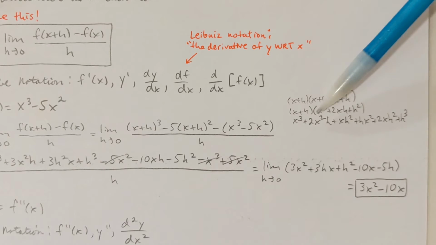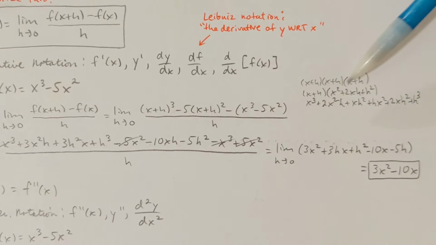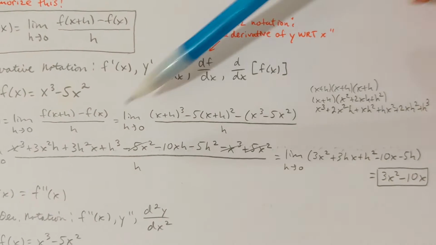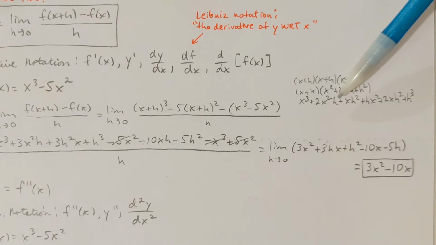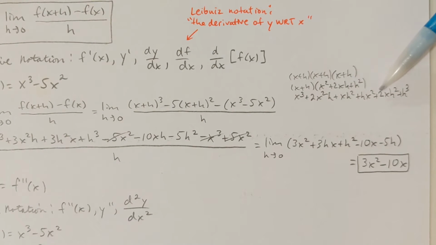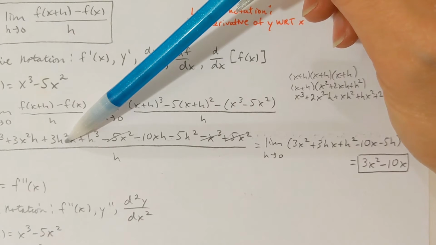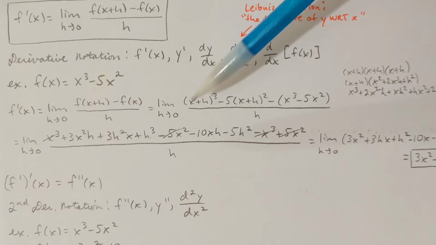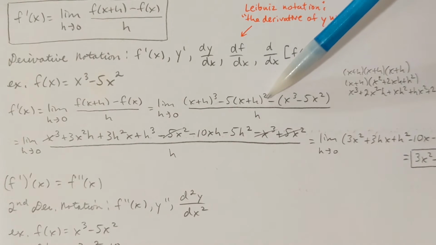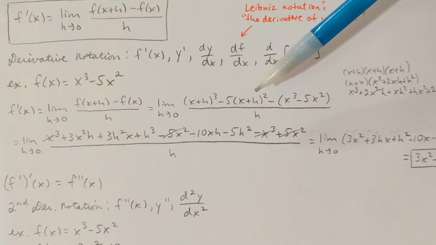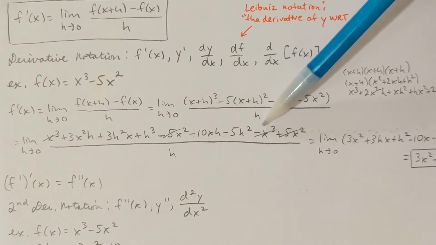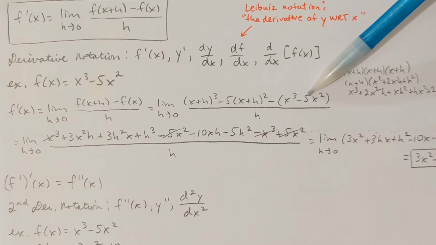So we have x cubed, and then 2x squared h plus x squared h, that'd be 3x squared h, and then xh squared plus 2xh squared, that'd be 3xh squared, and then plus an h cubed at the end, right? You'll have to FOIL this out. x plus h times x plus h is x squared plus 2xh plus h squared. Distribute the negative 5 into those three terms, and then also distribute the negative 1 into these two terms.